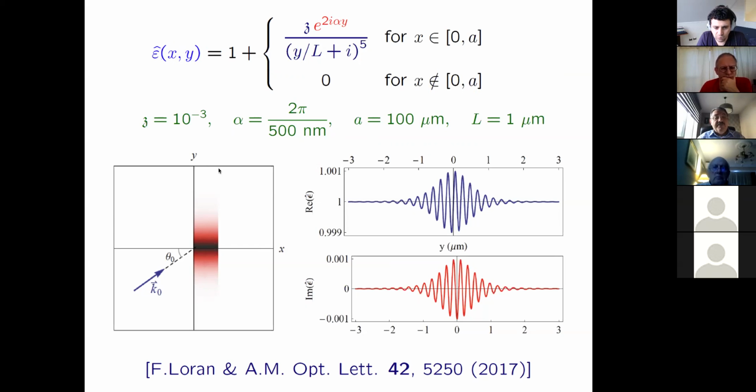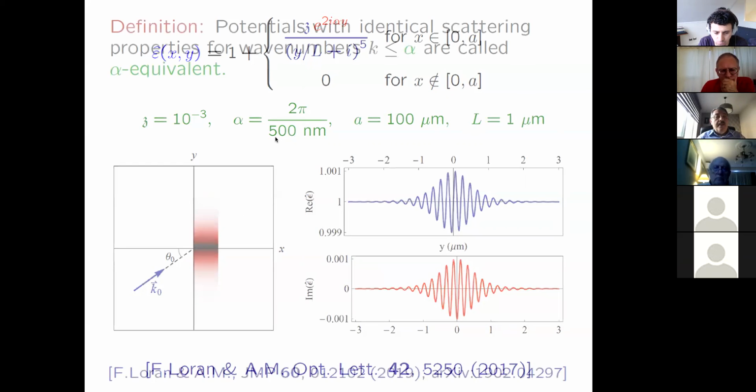So I essentially have a slab with thickness a, and only inside the slab there is modulation with respect to y. So it's a periodic type of modulation with decaying amplitude. So this can be approximated by a real finite slab, because as y becomes large, this decays very fast. For this setup, the prediction is that it will be invisible for wavelengths which are bigger than or equal to 500 nanometers. That's green light.